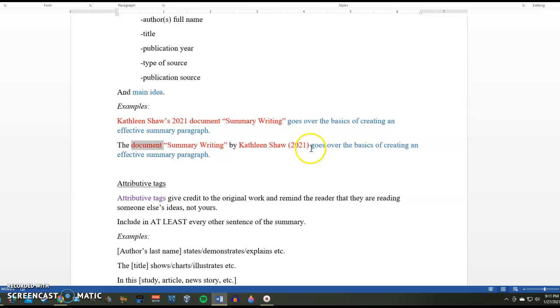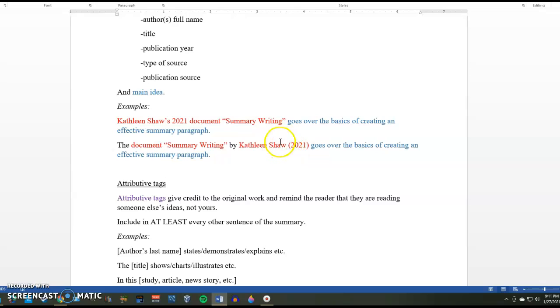So these are 2 sample sentences, and you can see there are different ways of incorporating them. You could follow either of these models. You could create your own. Here I have author name, publication year, type of document, title of document. Here I have type of source, the title, the author listed here, and the publication year here. It can go in different formats.